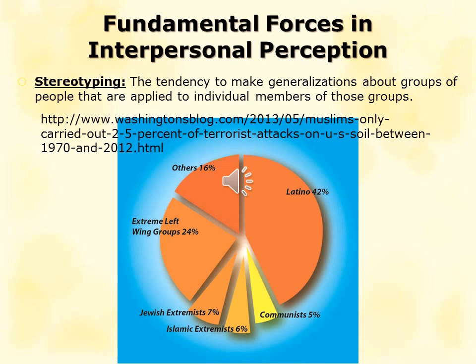They are only second above communists at 5%. So they're the second lowest number of people who have committed terror in the United States. Above them are Jewish extremists, extreme left-wing groups, others, and Latino at 42%.